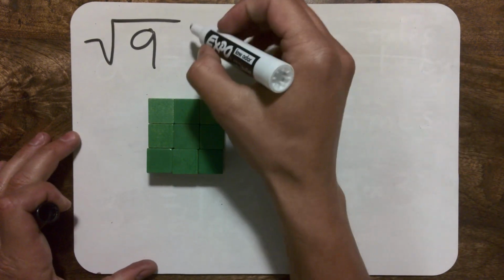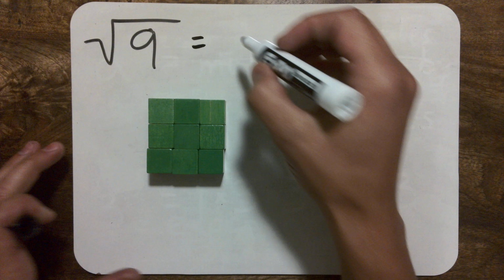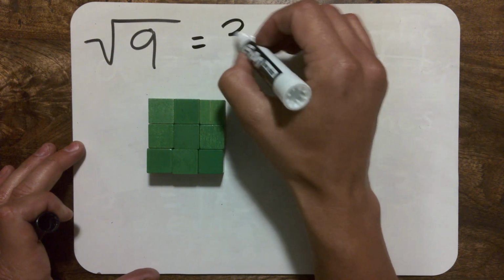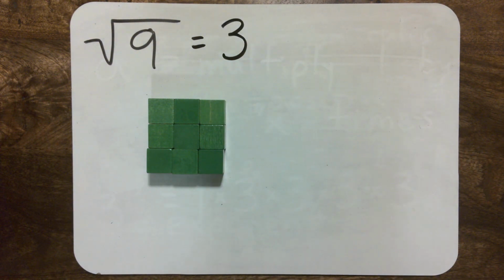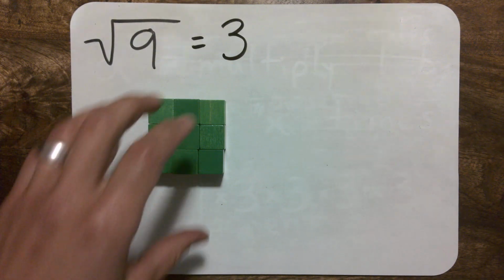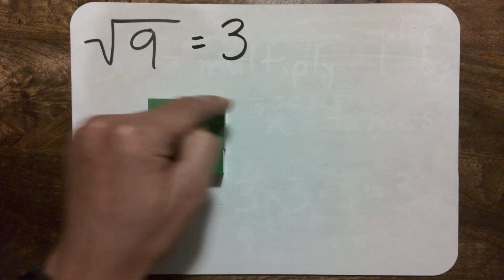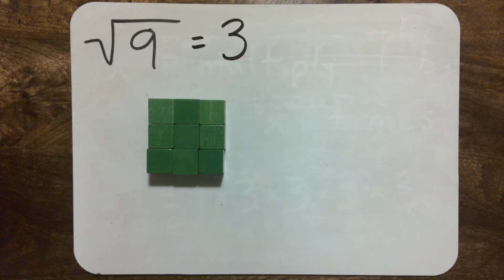Okay, so then our solution to this is what are the side lengths of that square with an area of 9 square units. Side lengths will all be 3 for that square. Okay.